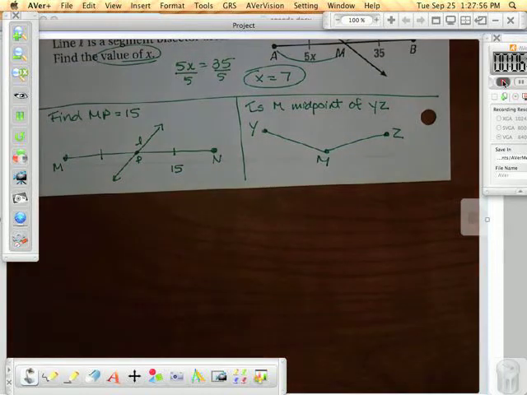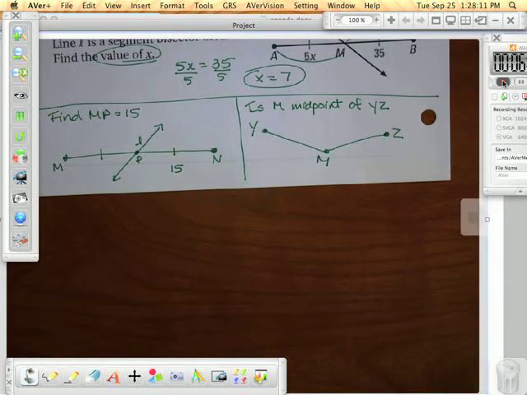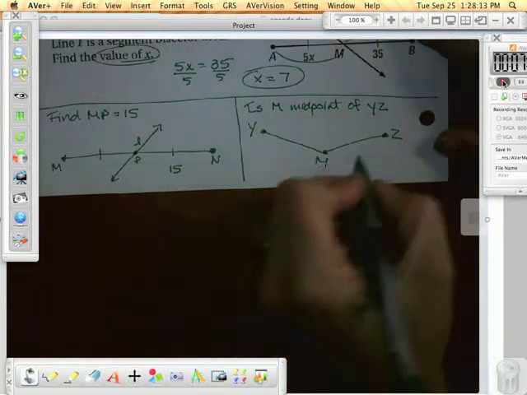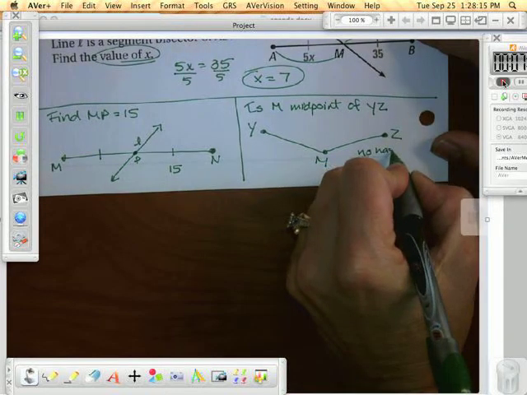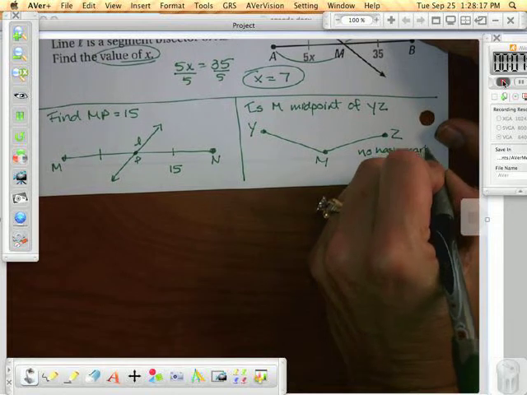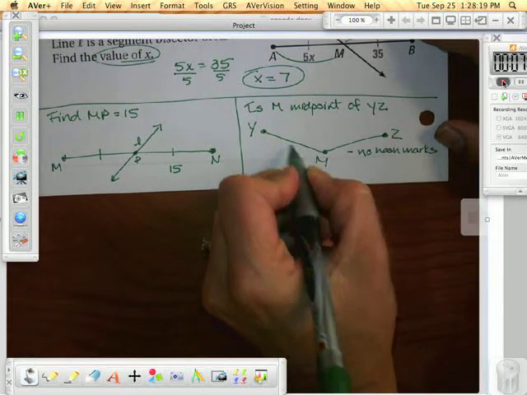Is M the midpoint? We got 2 problems here. What's one problem? Jay, I know you know, but I'm going to pick on somebody else. What's one reason we can't tell, Derek? Right. No hash marks. I don't really know what they're formally called, but I'm going to call them no hash marks. So I can't say for sure whether they're congruent.